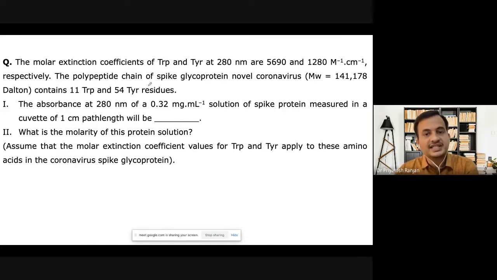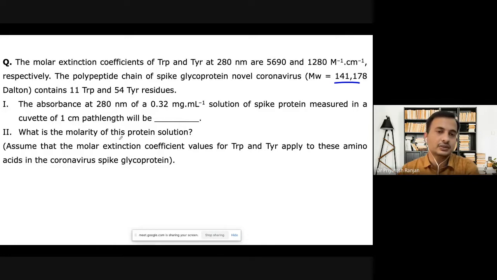The polypeptide chain of spike glycoprotein of novel coronavirus, molecular weight 141178, which is equal to 141.178 kilodalton, contains 11 tryptophan and 54 tyrosine residues. So this much information is given for this particular protein.